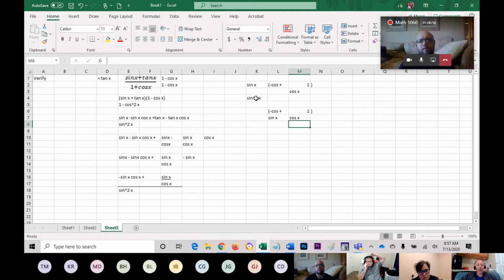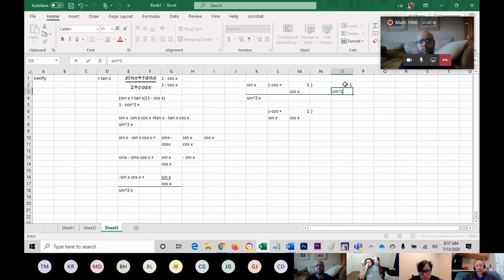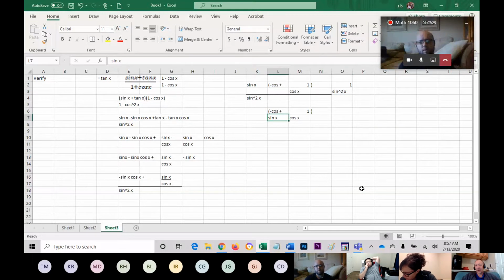Okay, so remember, this is probably the easier way to do this. This is a fraction here. When we divide a fraction by a fraction, it's easier to multiply by 1 over the sine squared of x. So this sine will cancel one of those, but I still have one left. So that's where that is. Okay. Gotcha.